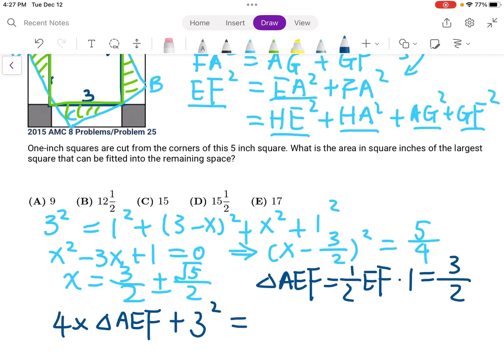It equals 4 multiply 3 over 2 plus 3 square equals 15. Therefore, the area of the largest square that can fit into the remaining space is 15.